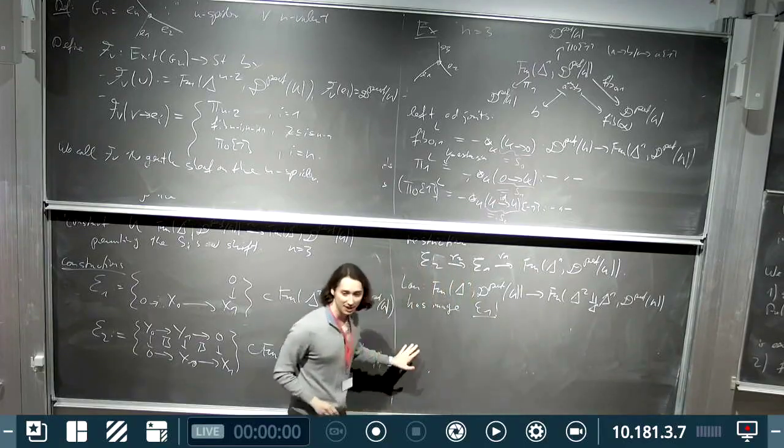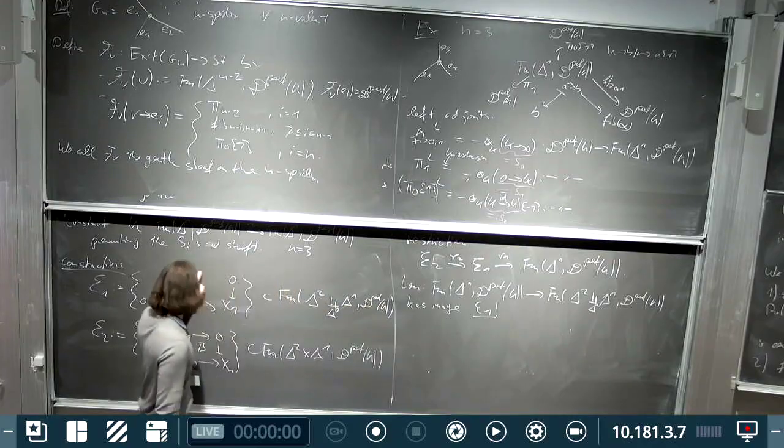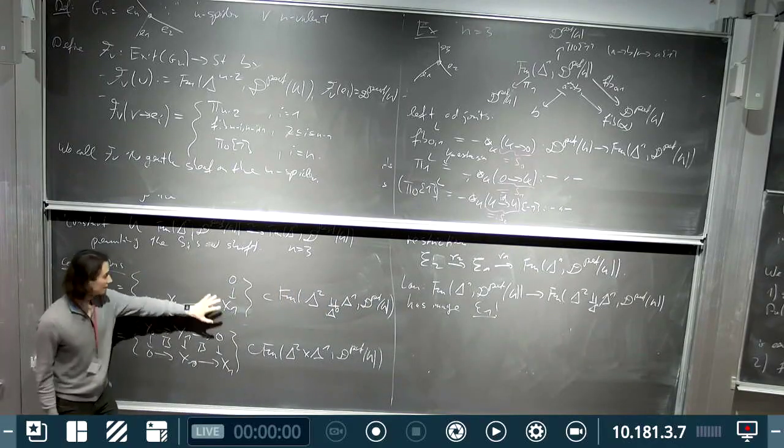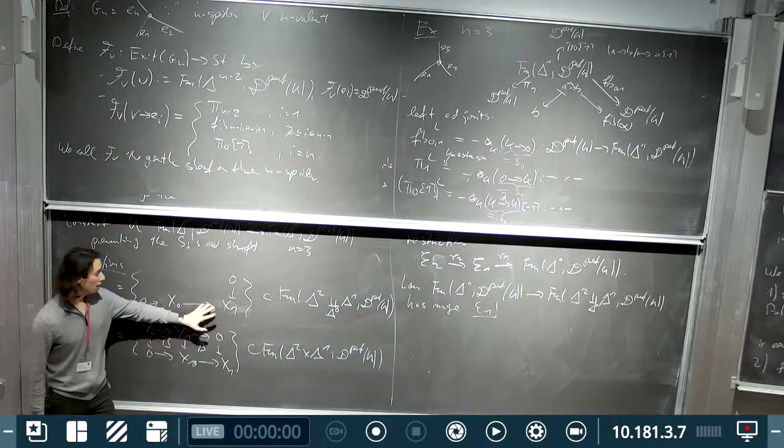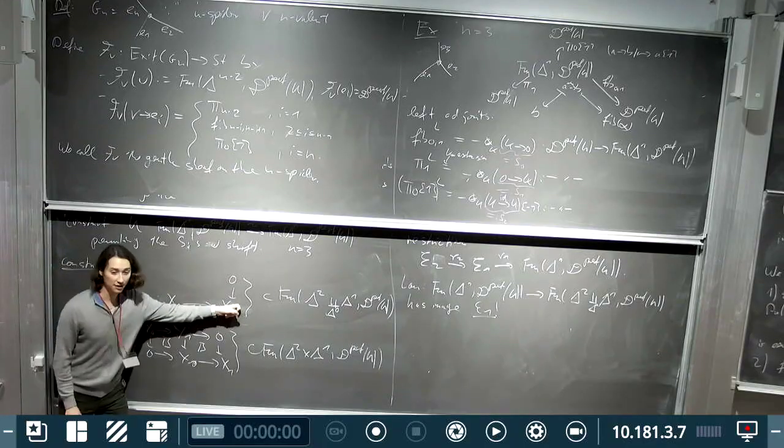So what does this mean? Such a diagram is the left Kan extension of its restriction to this part.